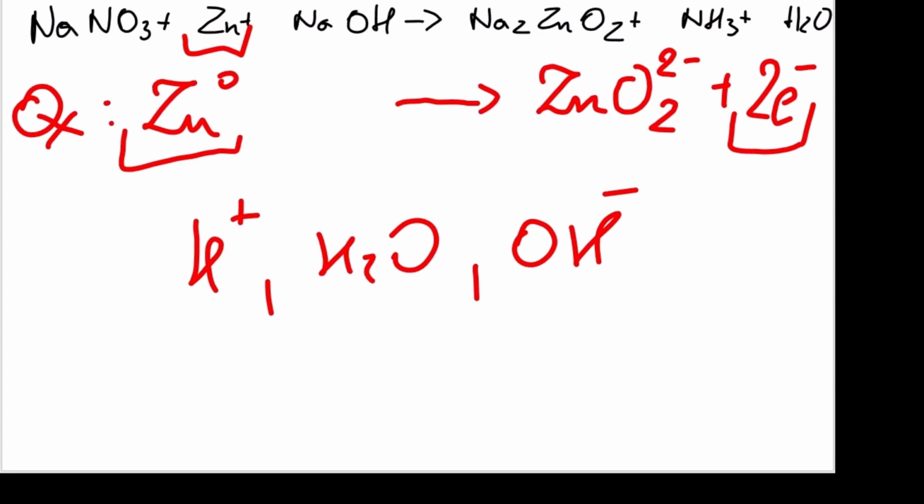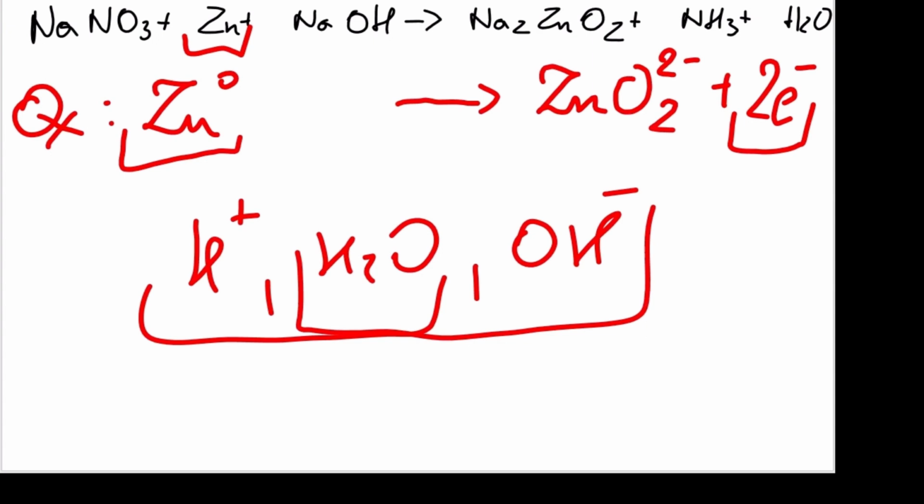In acidic solution, H plus and water particle. In alkaline solution, water particle and hydroxide anions. This solution is of course alkaline. We have sodium hydroxide solution, sodium hydroxide additive in this reaction.